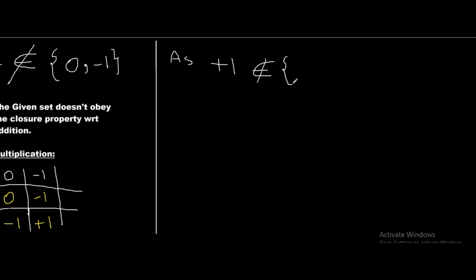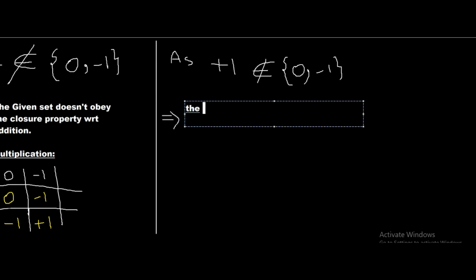What is this given set? 0 and -1. Therefore, the given set does not obey the closure property with respect to multiplication.